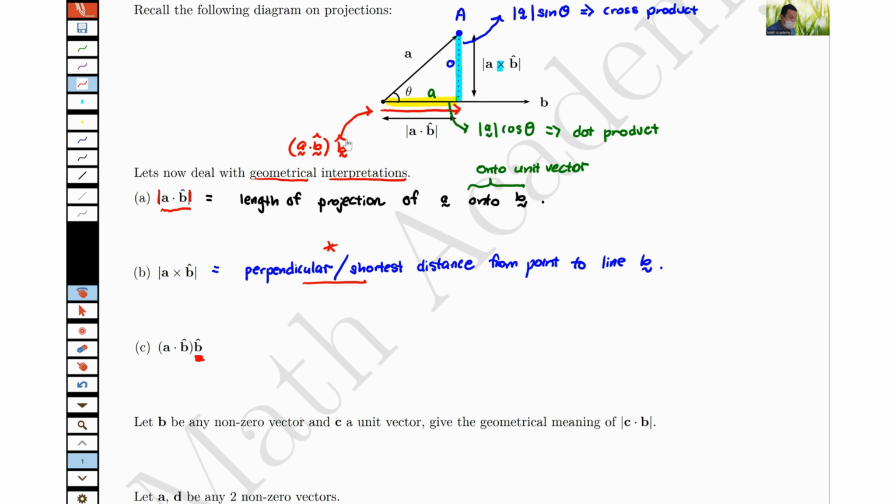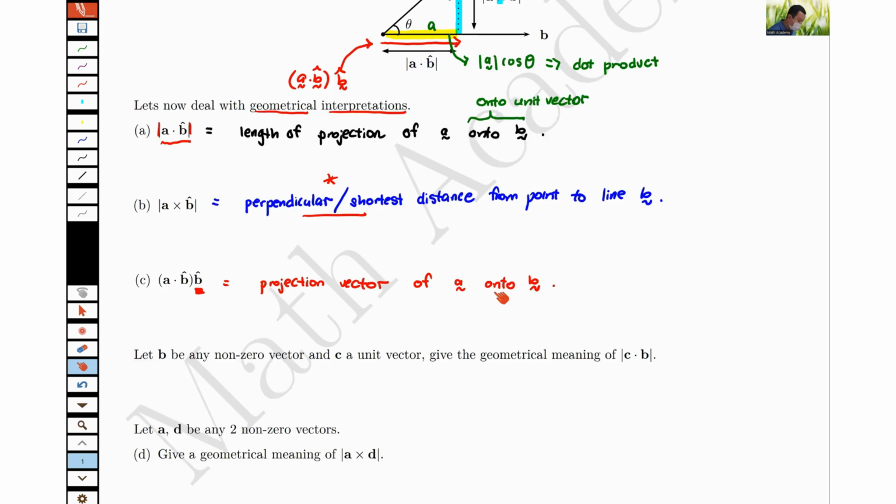So it is the same length as the yellow length, but it's now a vector that points parallel to B. This is called the projection vector. If they ask us to describe this, it's projection vector, and give the details also. This is projection vector of A onto B. Always onto the unit vector as per what you have in the first one as well.